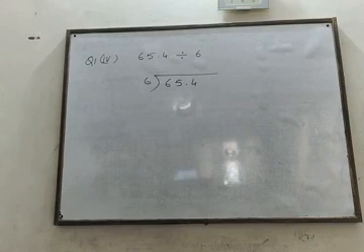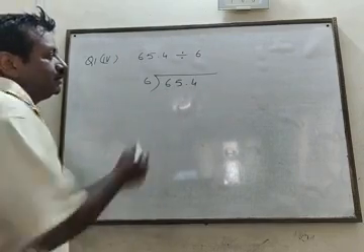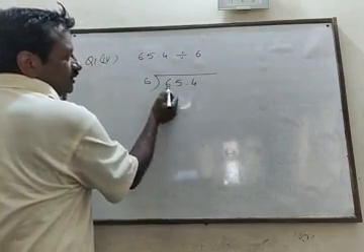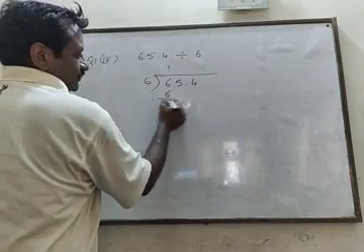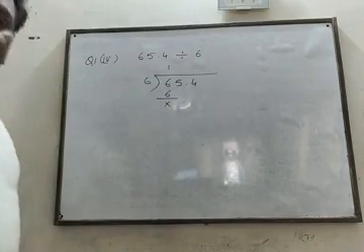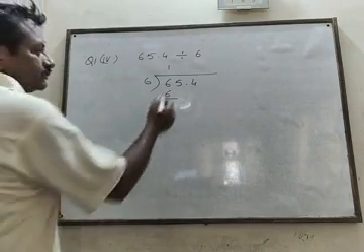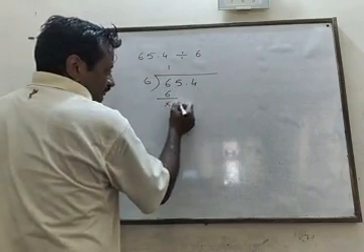So before the decimal, we can take as many digits as we require. So I am taking only one digit because one digit is divisible by 6. 6 1 ja 6. Now here comes the important step of this question, that is carry down 5.